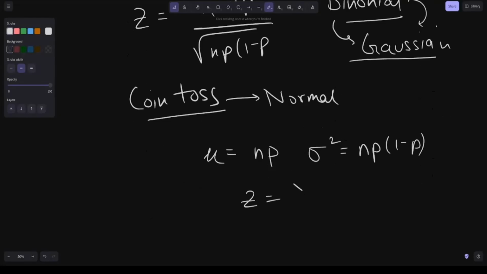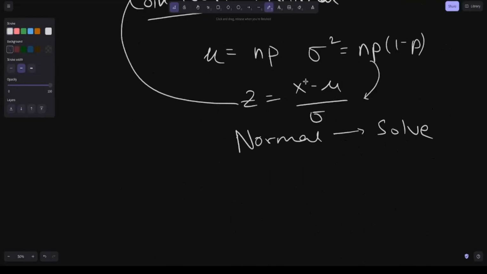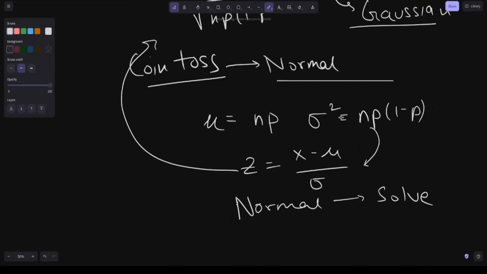Then use z equals (x minus mu) by sigma, input the values here, and make it into a normal curve. Then solve it like that. That is the method you should have when you are given binomial questions like a coin toss and you have to solve them using the normal approximation.